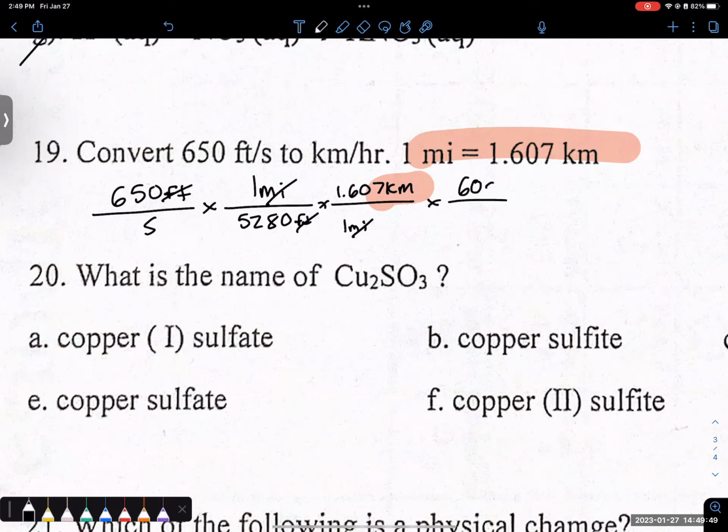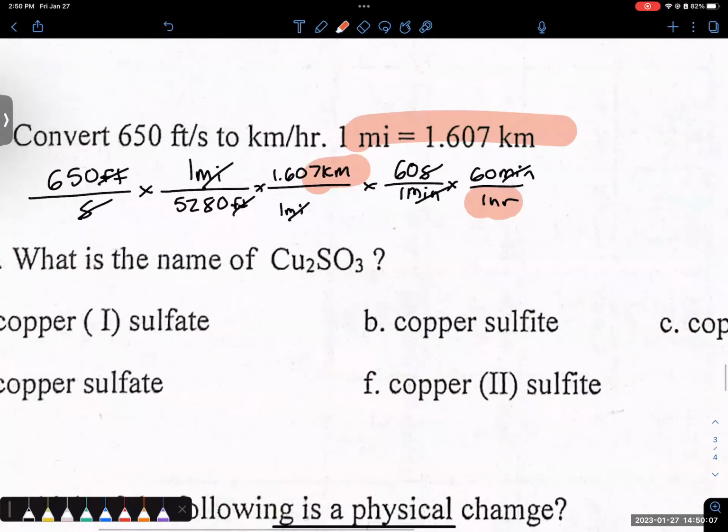So we know that there's 60 seconds in 1 minute. So that goes away. And we know that there is 60 minutes in 1 hour. That goes away. We're left with our desired units of kilometers per hour. And putting this into your fancy calculator, 650 divided by 5.